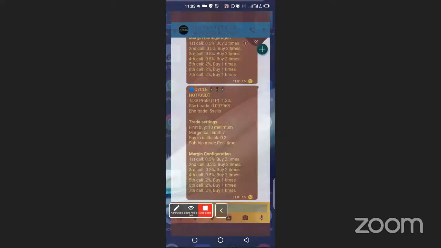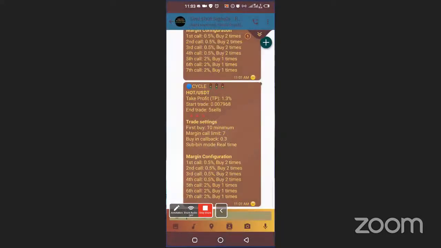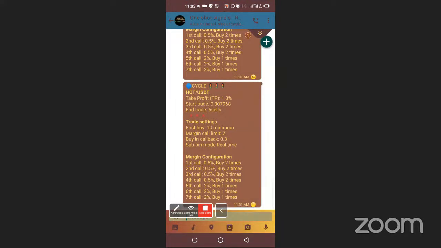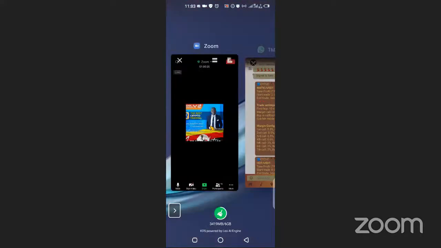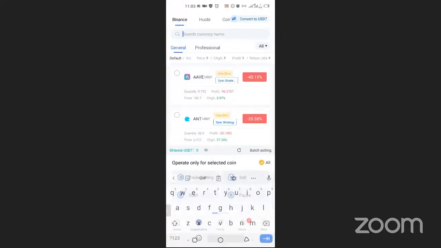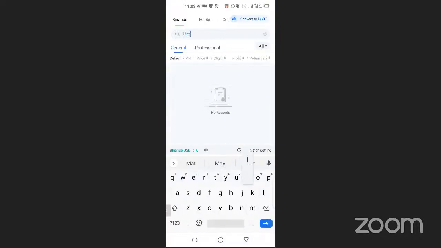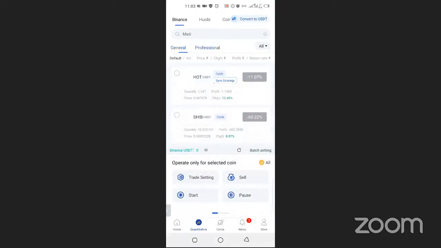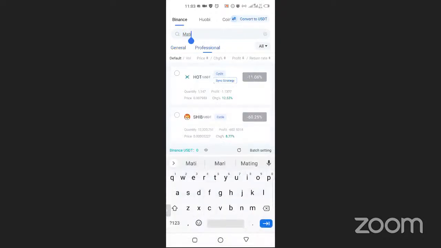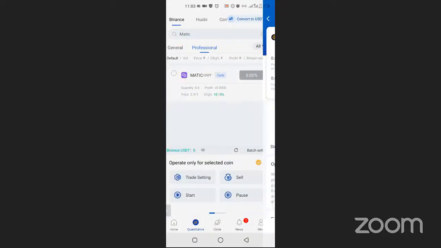For example, as I look at this signal here, it says Matic stroke USDT, right? So you come into your coins on quantitative, type the word Matic. If you don't find it at general, tap on professional, then Matic. There we go.